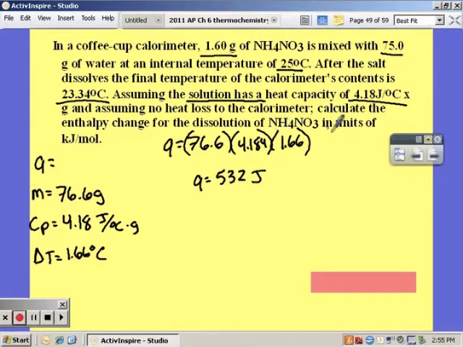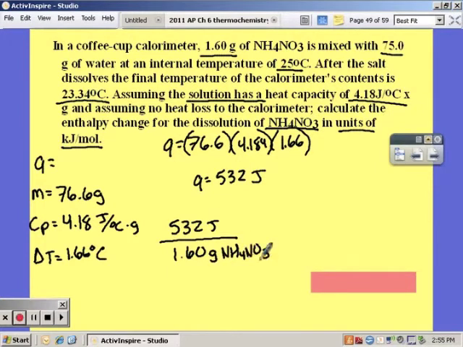But our answer needs to be in kilojoules per mole of ammonium nitrate. Right now, it's 532 joules for every 1.6 grams of ammonium nitrate. So we need to convert these units to kilojoules and to moles.